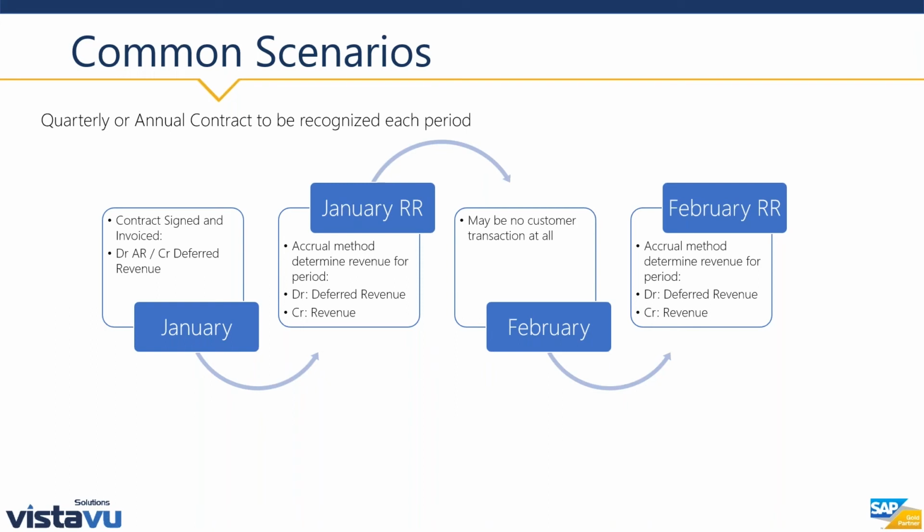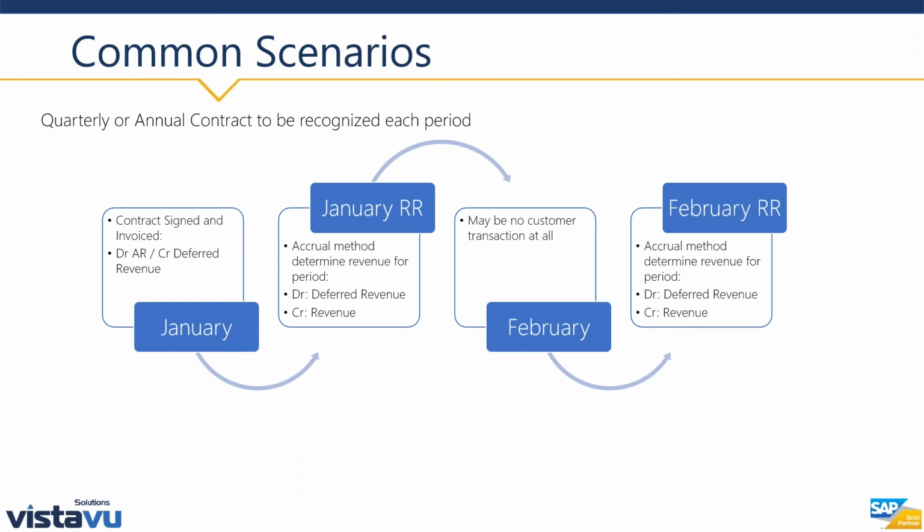So in that situation, in January, we've signed the contract, we're going to bill the customer, and you're going to debit AR, but you're going to credit a deferred revenue account. And then January month end, you're going to run the revenue recognition, that's box number 2. And then based on the accrual method, it's going to determine, okay, how do we divide this revenue?